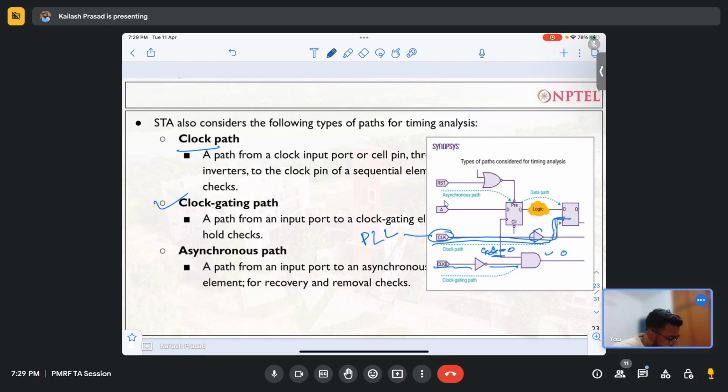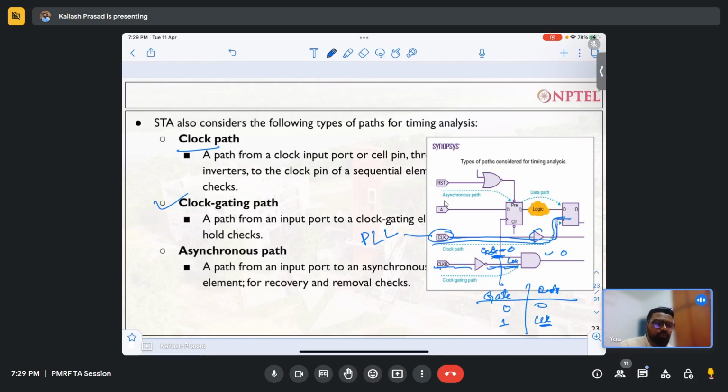If it is one, whatever clock comes in, the output will be the clock. So you can selectively turn off the clock.